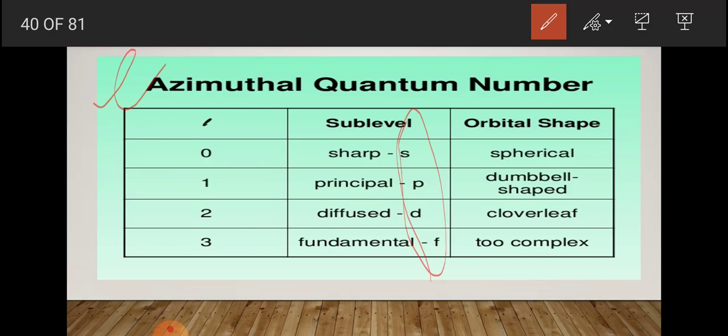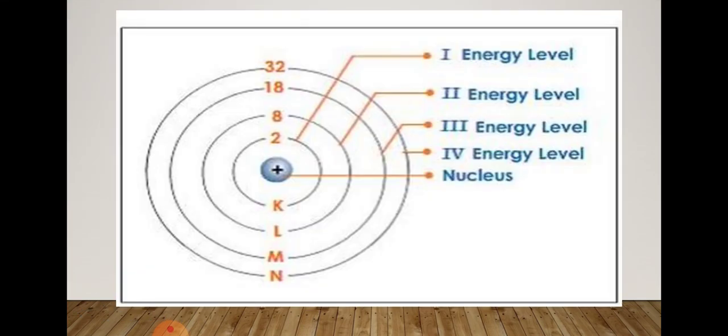Normally we use SPDF fluently, but S is the short form of sharp, P is the short form of principal, D is the short form of diffused, and F is the short form of fundamental. And the values of l depend upon the values of principal quantum number. You will find that all the quantum numbers are interrelated. From one only we can reach the other.